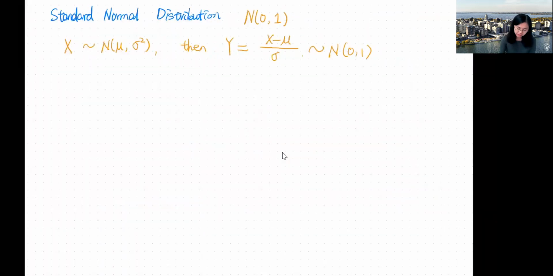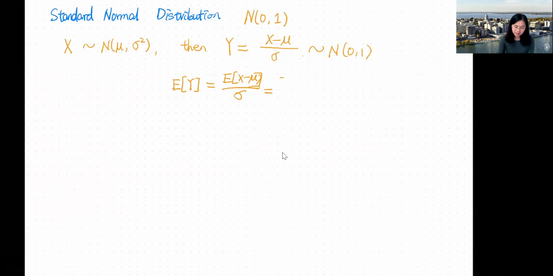So we know this is a normal random variable, and what is the expectation of that? Expectation of y is expectation of x minus mu divided by sigma.